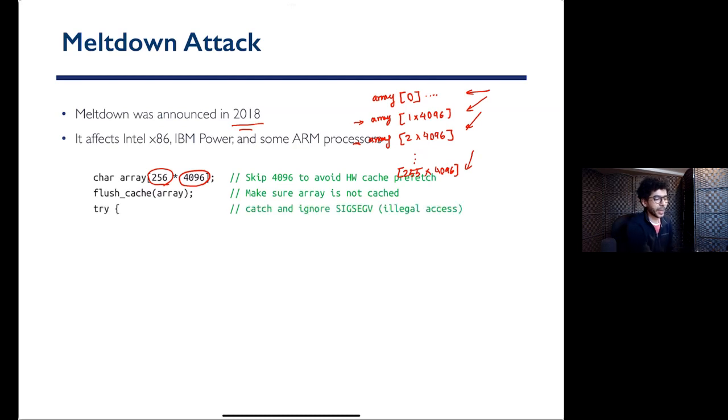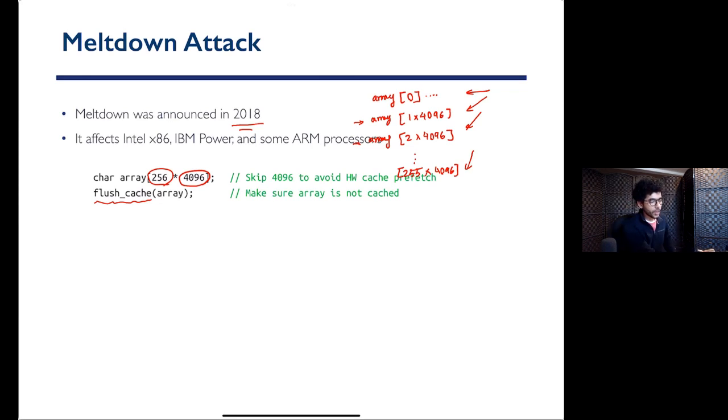So I'm not going to care about anything in between from 0 to 4096, or from 1 times 4096 to 2 times 4096. I don't care about any of those. I only care about these aligned arrays. Okay, so this assumes that there is a function that could flush your cache.